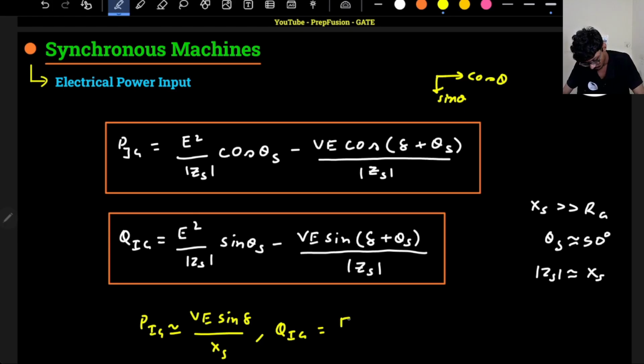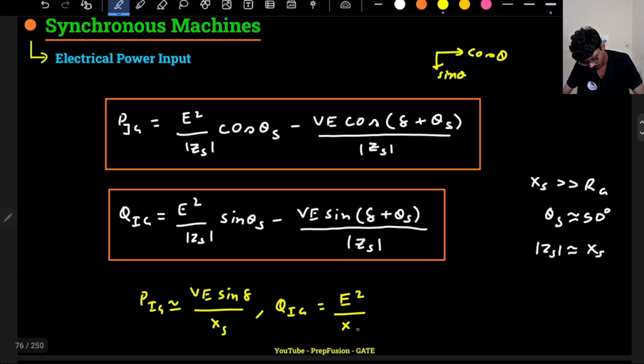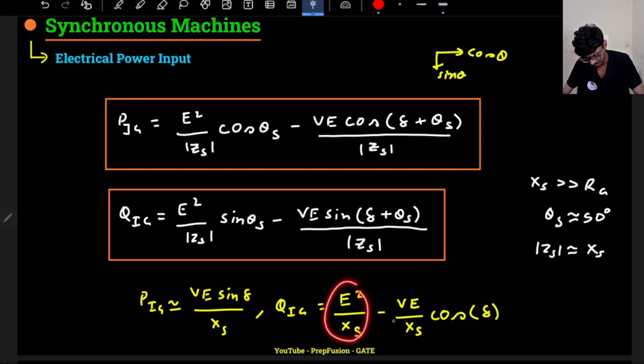So this will be E square divided by XS minus VE divided by XS into cos of delta.